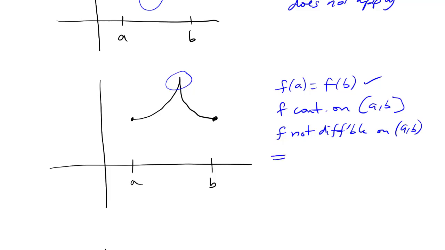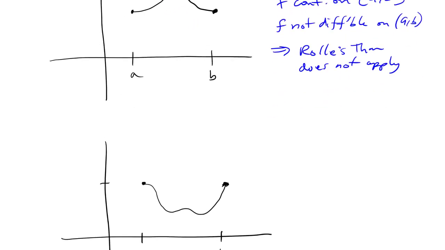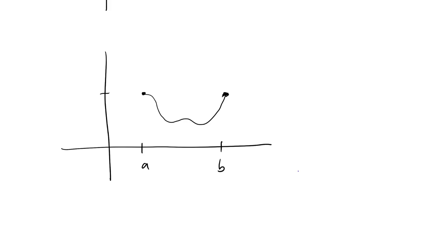So again, Rolle's theorem does not apply. So that's where we are. We can't make any guarantee. It could have worked, but the theorem doesn't guarantee that it will work.